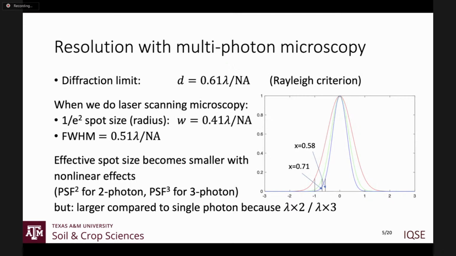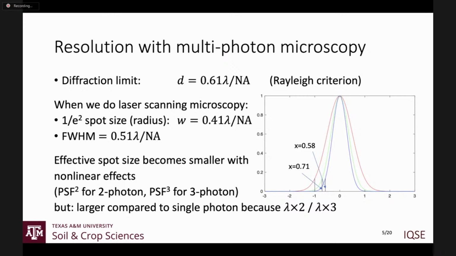However, if you compare it to what you would do for the same fluorophore with single photon excitation, you multiply the wavelength by a factor of 2 for 2-photon or by a factor of 3 for 3-photon. So in the end, for multiphoton microscopy compared to single photon methods, you lose a factor of square root of 2 or square root of 3 in resolution.